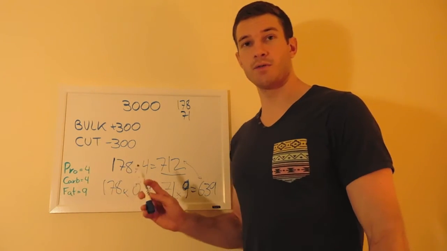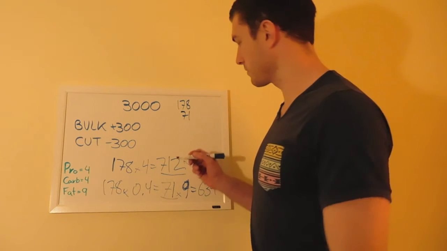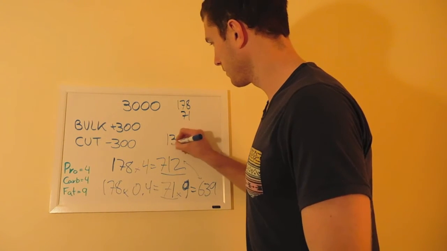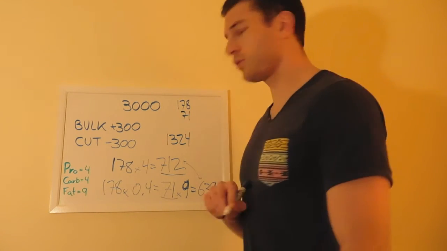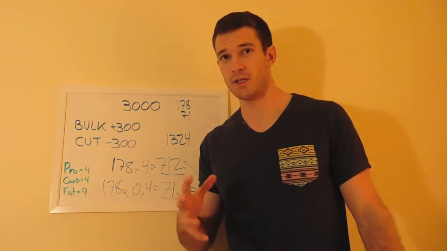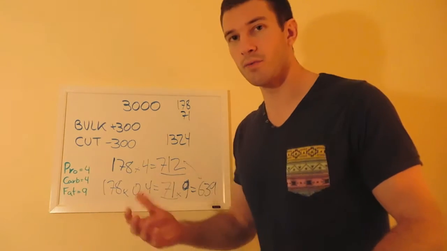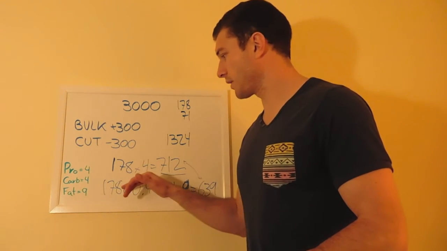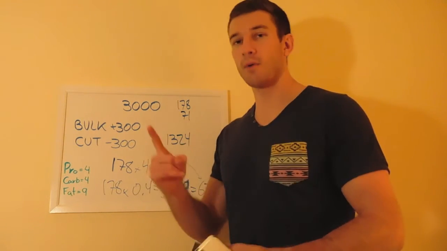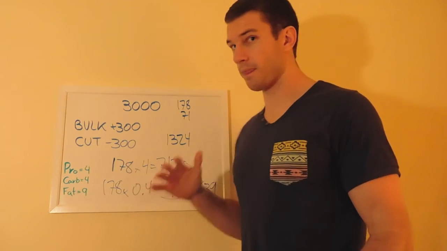So once you've added those two together, I got 1,324. Now I know there's a lot of information here and it's kind of hard to keep up, but it's really simple, okay? All you're going to do, again, 1 gram per pound of body weight for protein, okay?